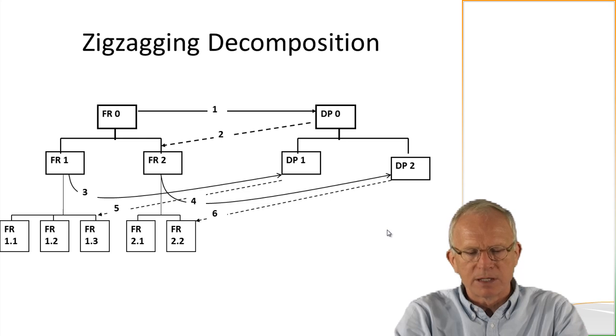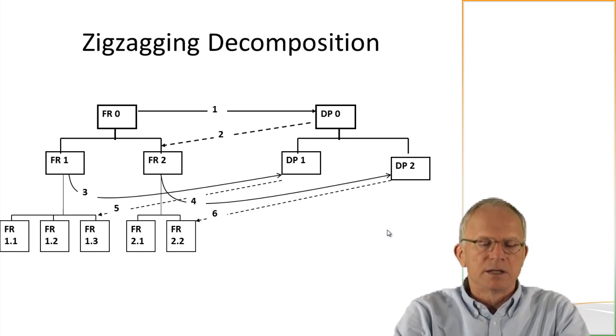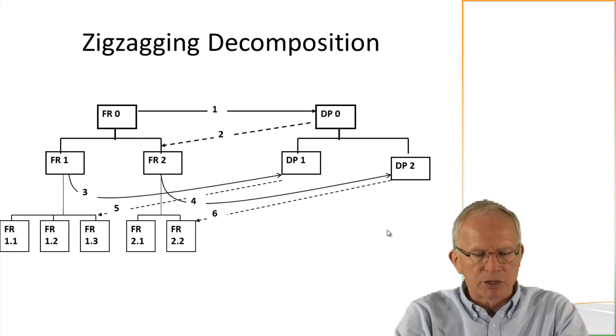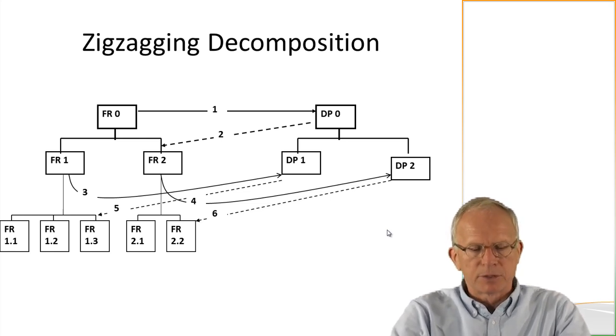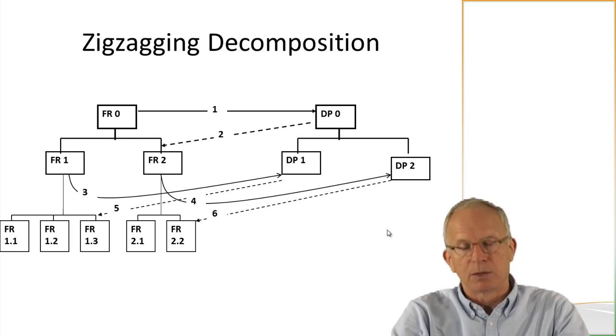So from the DPs at this level, we then go down and see, all right, what are the FRs at the next level? Just arbitrarily, I've chosen FR1 will be decomposed into 3 children, and FR2 will be decomposed into 2 children, and we can see how they're numbered. They each have a unique number that traces which branch it's in and which level it's in.